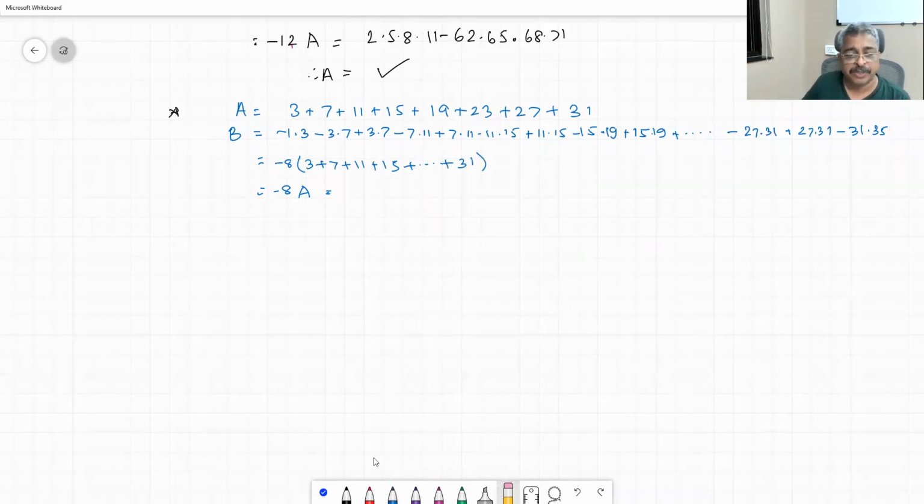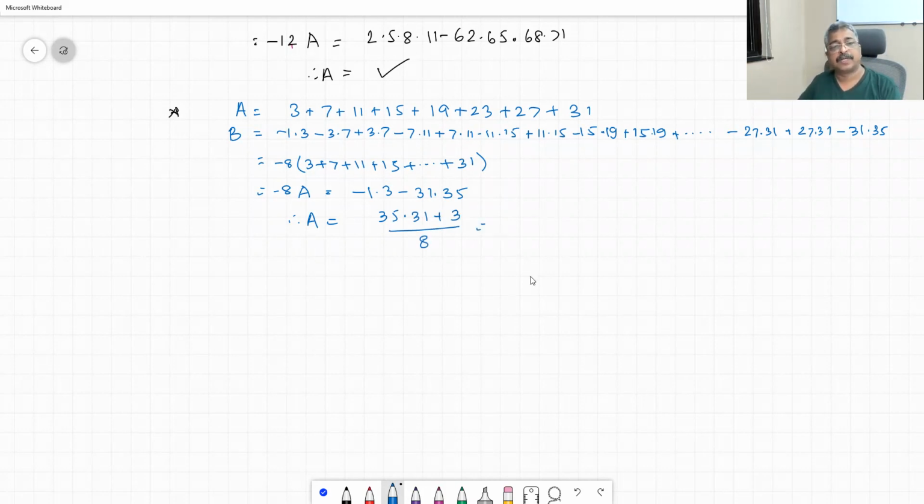First term survives because it does not have anybody to cancel with. Minus 1 into 3 minus 31 into 35, and therefore A is equal to 35 into 31 plus 3 upon 8. That is what is going to be your answer, which if you want I can do it.